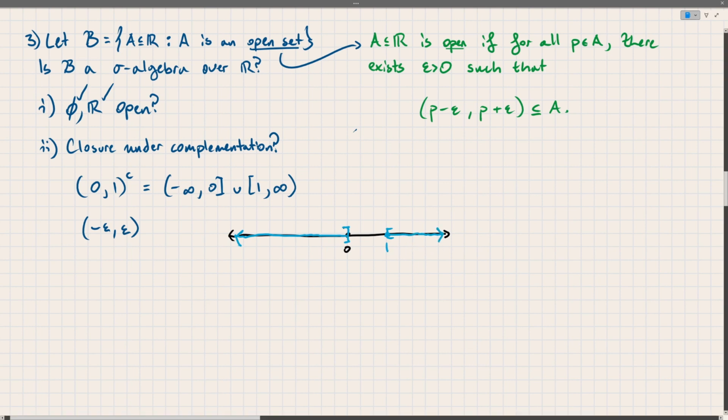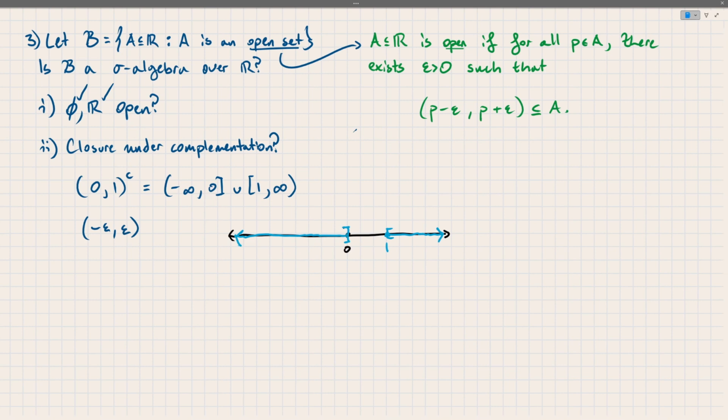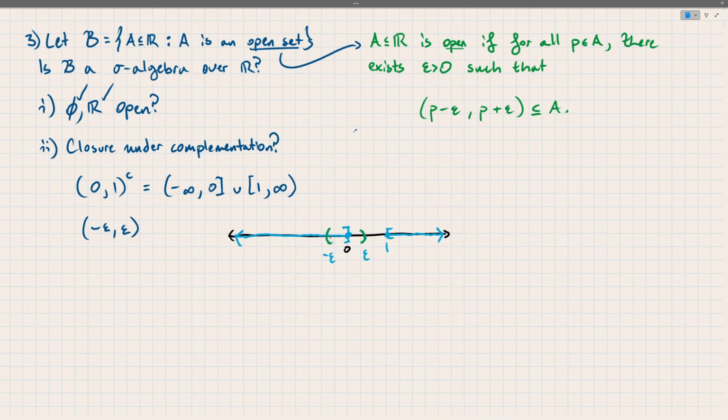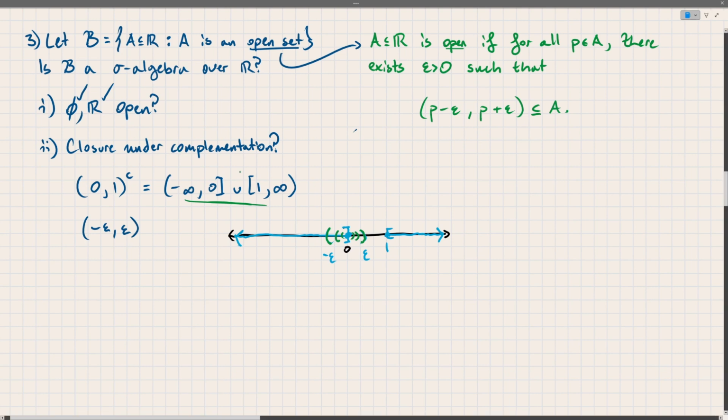The reason this set is not open is that if I take this point at 0 and I consider any epsilon ball around it, no matter how small I make it, it will never fit into this set here. So therefore, we have an example of an element of this set whose complement is not open.